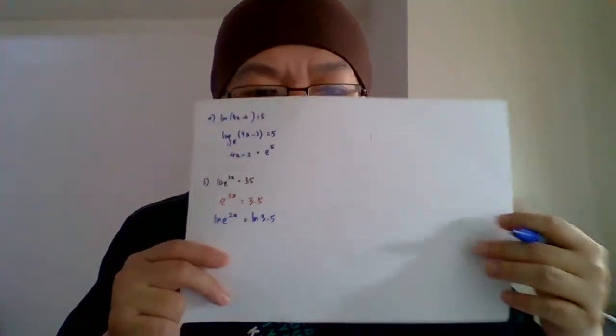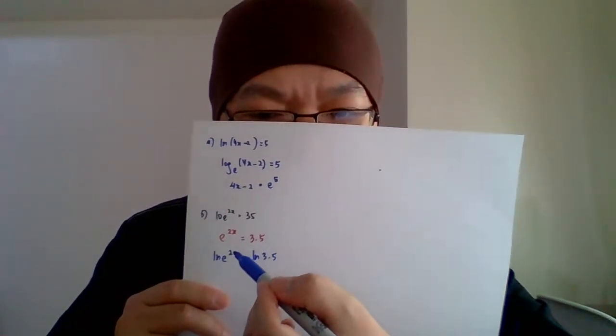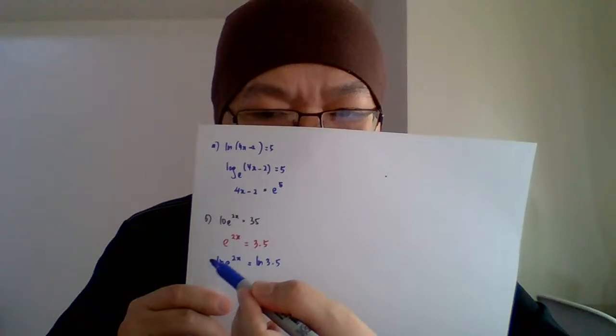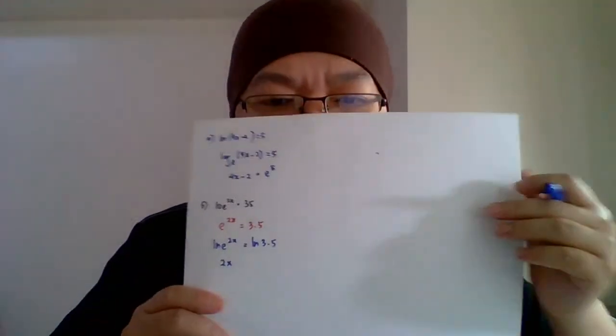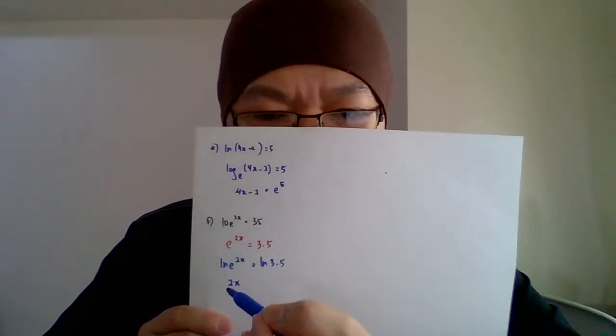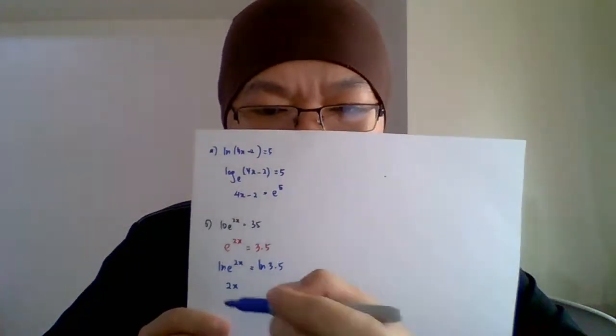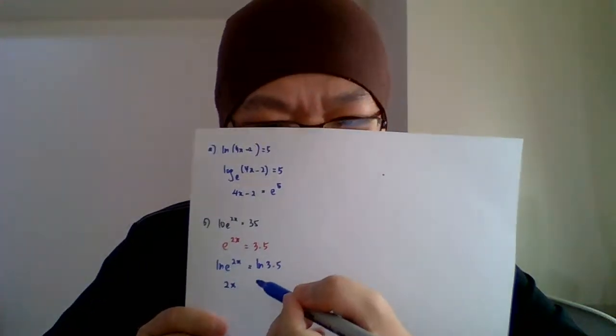Now, when I put the ln on both sides, the power 2x we can bring down and put in front of the ln. Because of the 2x power we bring down, it becomes 2x times ln e. ln e is actually 1. So 2x times 1 equals 2x.